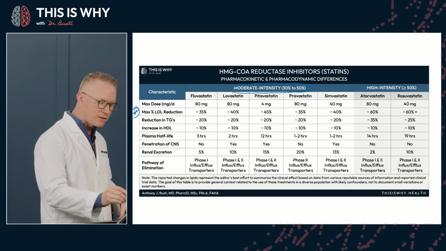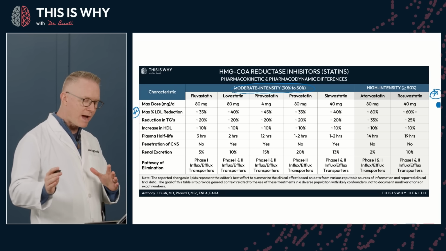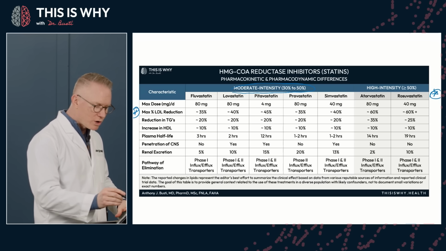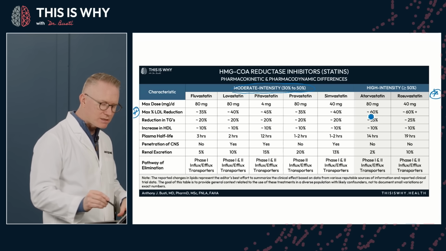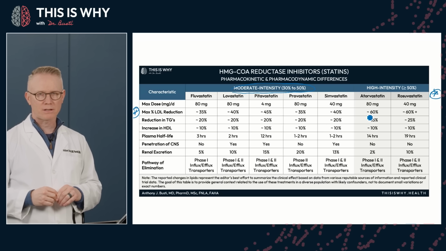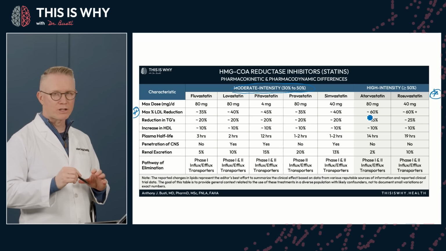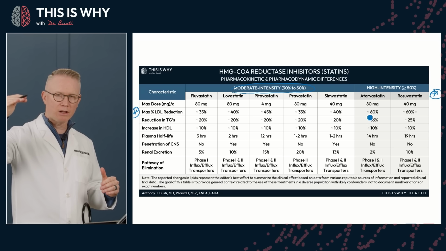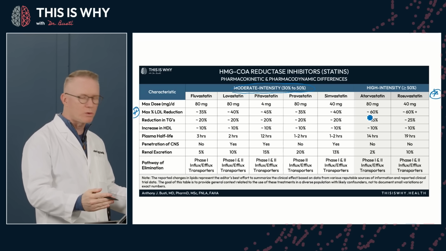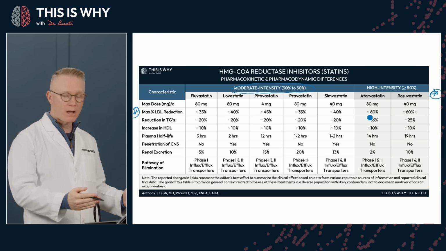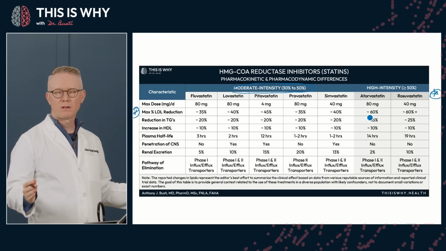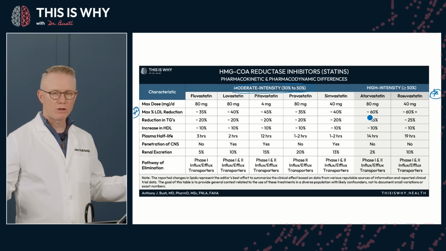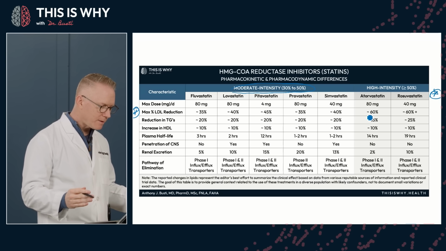The high potency statins over here on the far right columns, you see our atorvastatin and rosuvastatin, where you can get above 50% and sometimes even above 60% from baseline, okay? So knowing your baseline and knowing your target LDL, you can predict what kind of drugs will likely get you there. Now, no matter what drug you use, you're going to get 30% at minimum. So you're going to get 30%, okay?